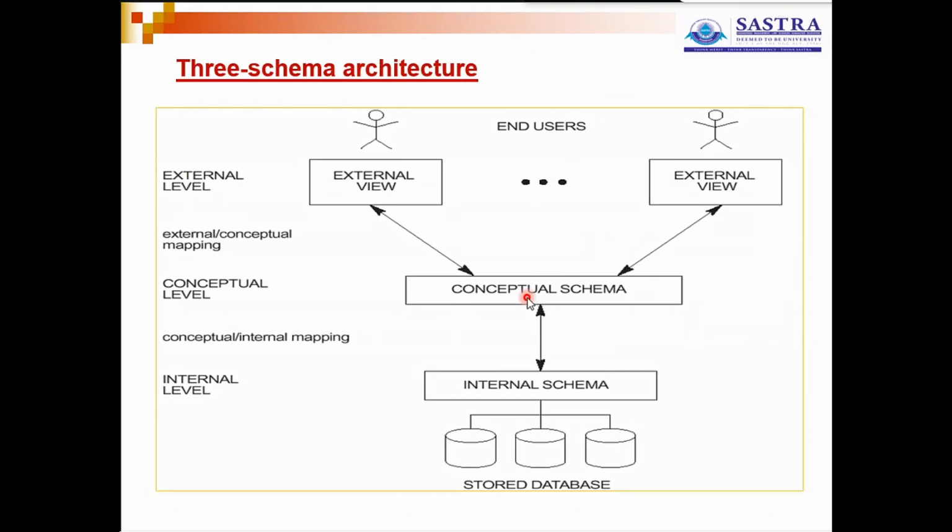Yesterday in the last class, I showed you an ER diagram for a car insurance database. From this, what you can infer is, if you are going to modify the storage structure, there is no need to modify the ER diagram. Your ER diagram is not related to your internal storage structure.